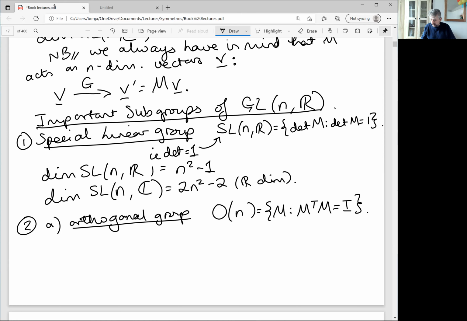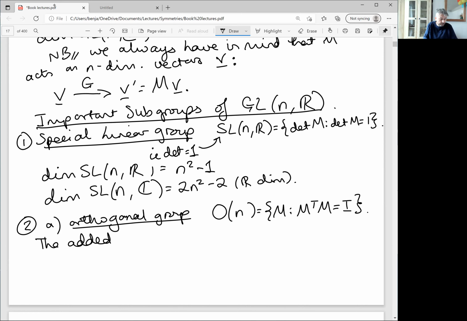So here, this is a matrix equation which takes away a fair few of the dimensions. And there's an exercise which takes you through how to work out how many dimensions this takes away.